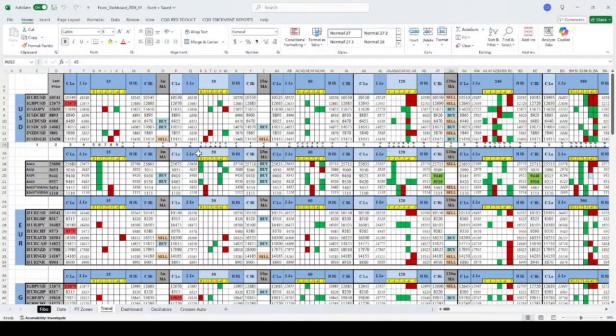The system would help you to identify the trend on different time frames. It would give you the entry, exit, stop loss, and tell you whether to buy or sell, and also whether we should be holding a buy, or holding a sell, or stay sideline. So all the information you need can be derived from the system.